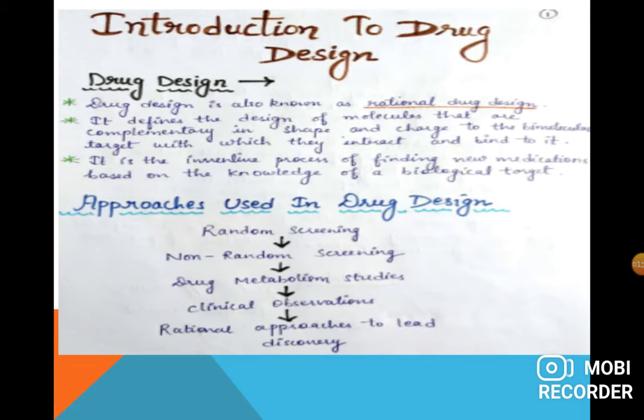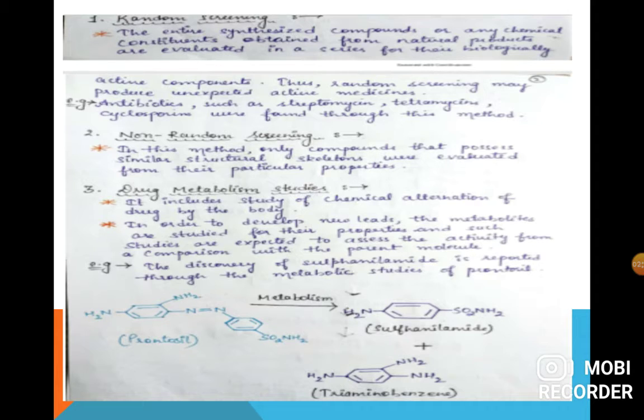So what are the approaches of drug design? First one is random screening, second one is non-random screening, third one is drug metabolism studies, second last is clinical observation, and last one is the rational approaches to lead discovery. First one is random screening.